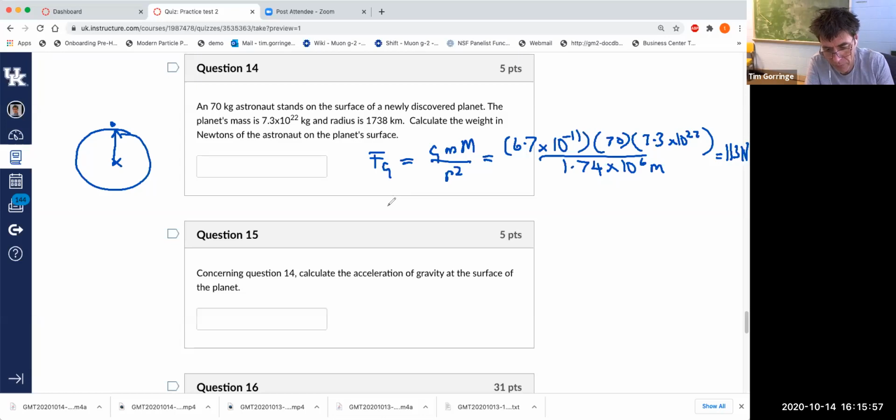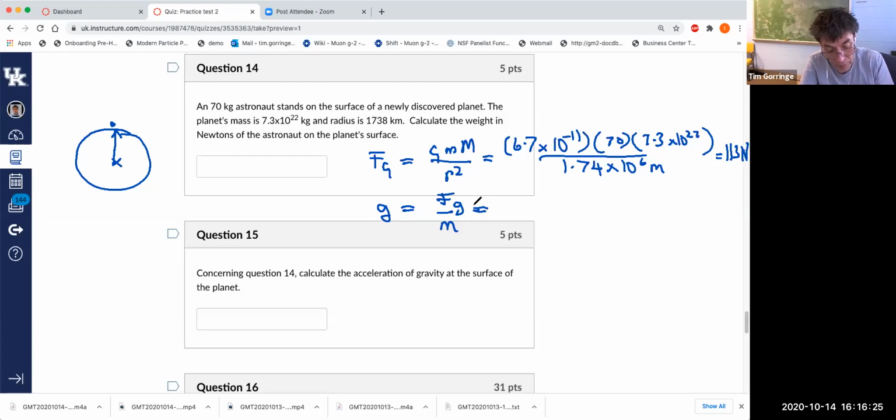Second part of the question says calculate the acceleration of gravity on the surface. Well, the acceleration of gravity on the surface of the Earth or the Moon or Saturn or this newly discovered planet, you can calculate if you know the force of gravity and the mass of your object. We know the force of gravity on the astronaut and the mass of the astronaut.